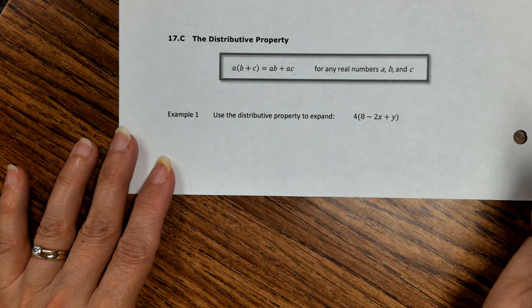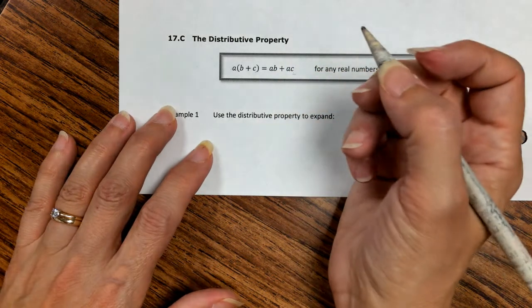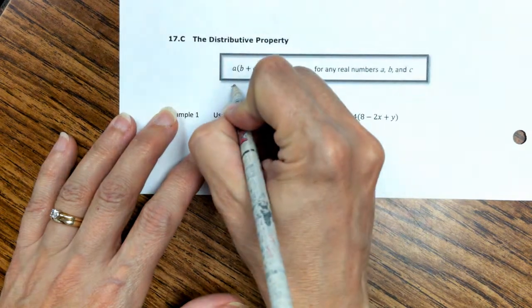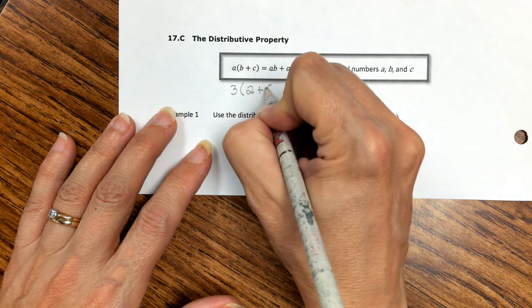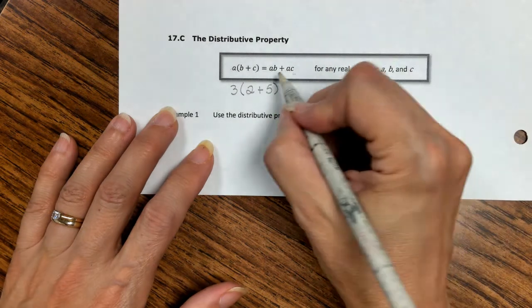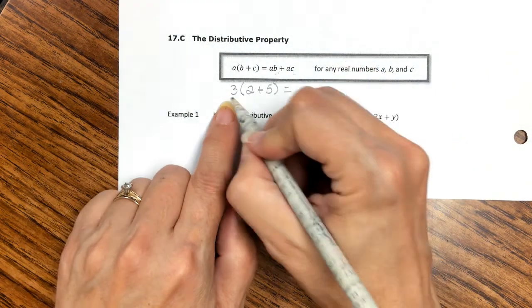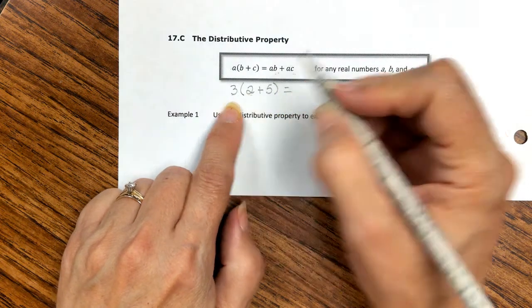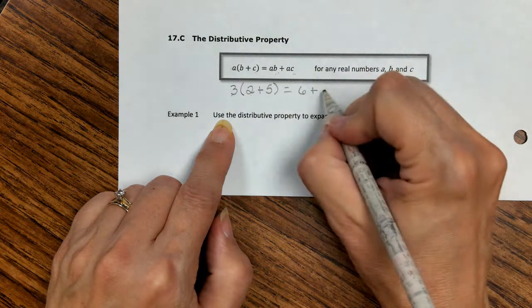All right, so let's do a little example with numbers here. Let's say 3 times 2 plus 5. Okay, so that's the same as, this says, if we did the outside number times the first inside number plus the outside number times the second one.